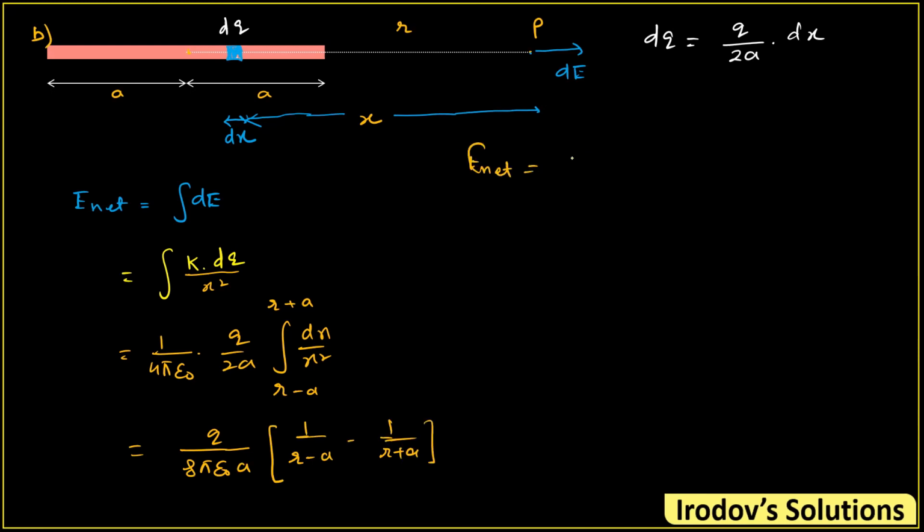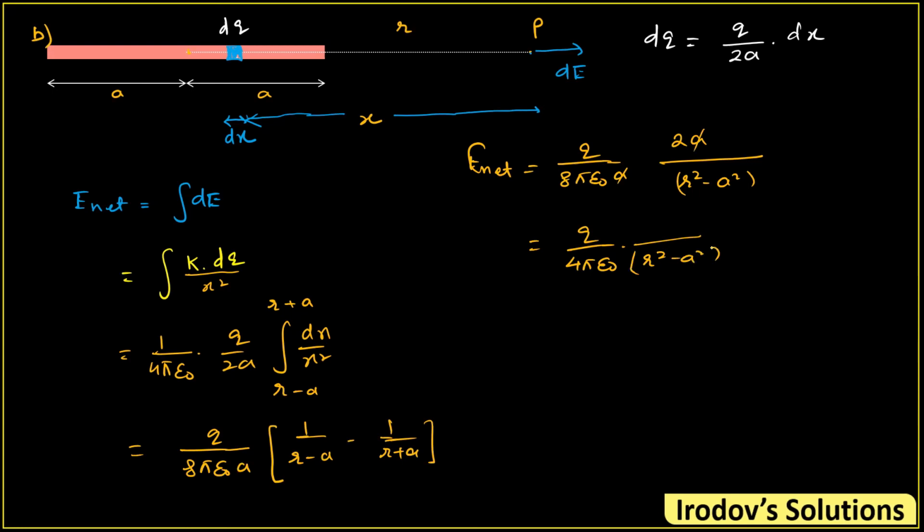So E net will be q by 8 pi epsilon naught a, and here that will be r square minus a square, and here that will be 2a. So this a and a will get cancelled. So this will be q by 4 pi epsilon naught, divided by r square minus a square.